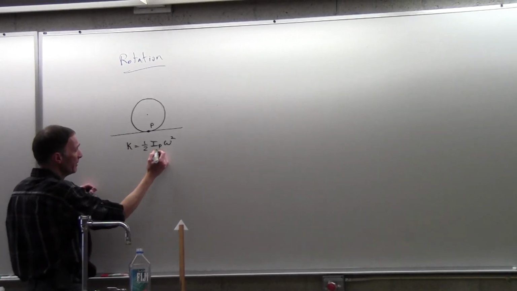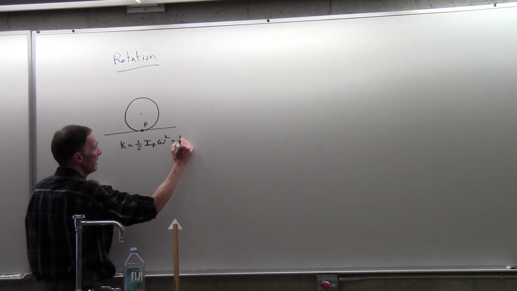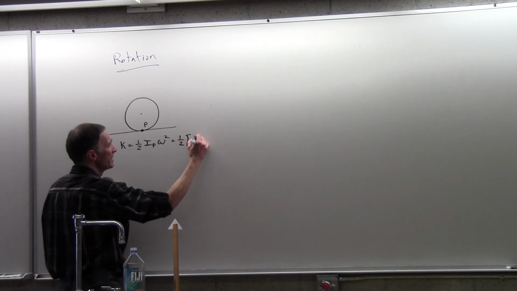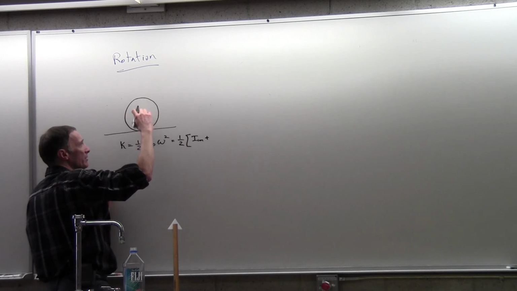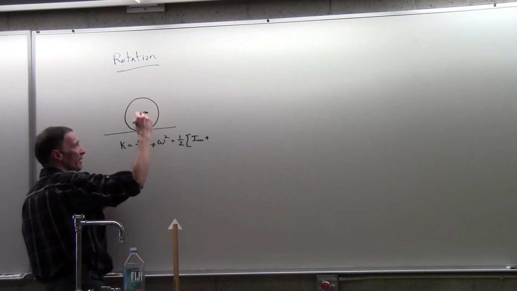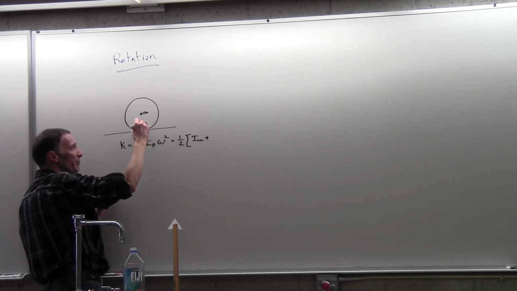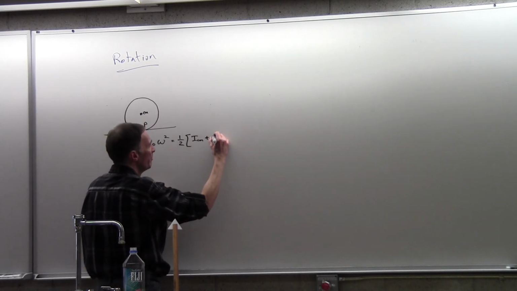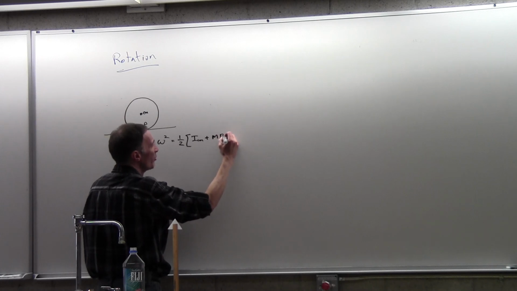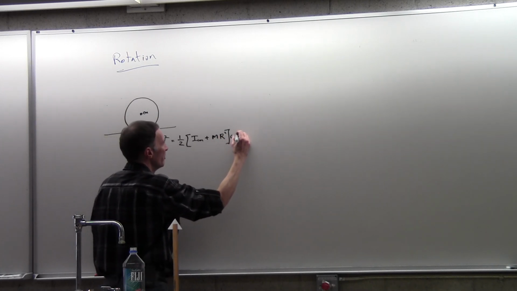And with the parallel axis theorem, we can say that I about point P is the same as I about the center of mass, plus the center of mass, of course, is here, and the distance between the center of mass and that point is the radius, and so that's going to be equal to the mass times r squared, with the radius times omega squared.